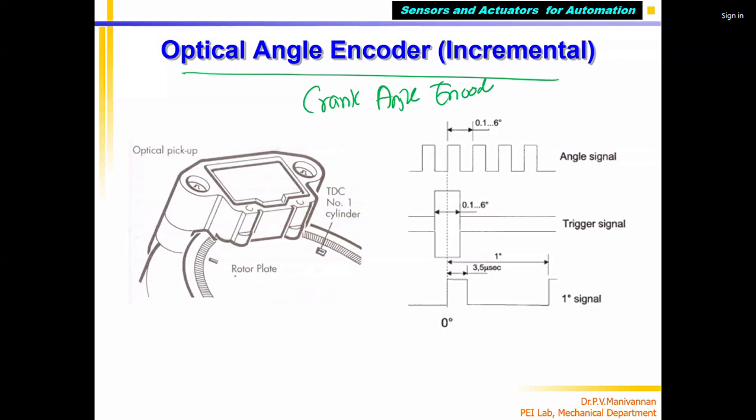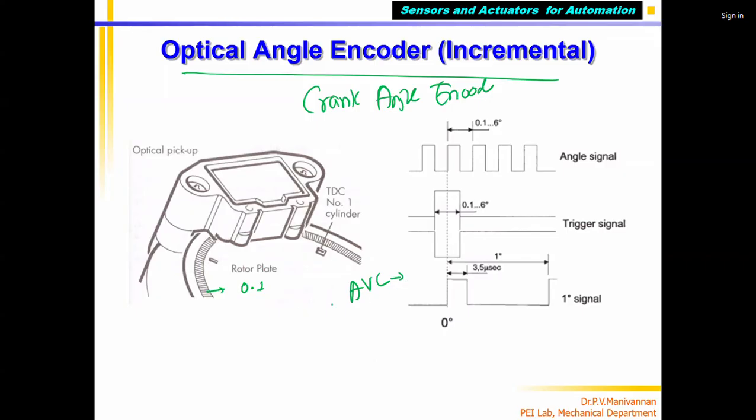You can see this, I got a picture. Generally you can measure 0.1 degree. For example, AVL is one of the companies which makes angle encoders, because I use it. It cost around 1,80,000 about 20 years before. Now it has reduced, but previously it was so expensive.